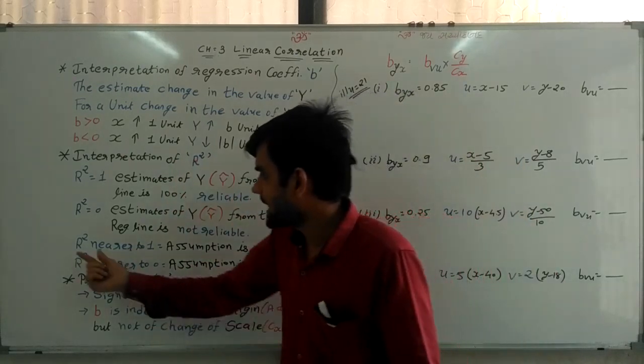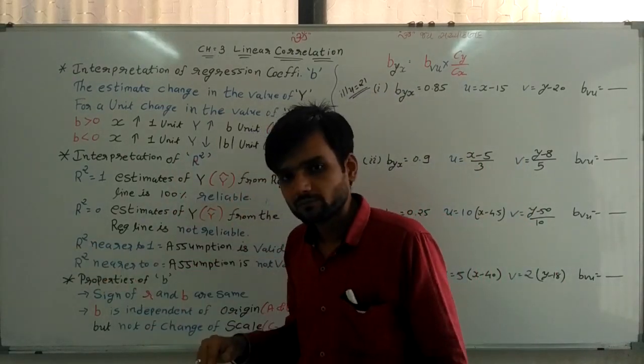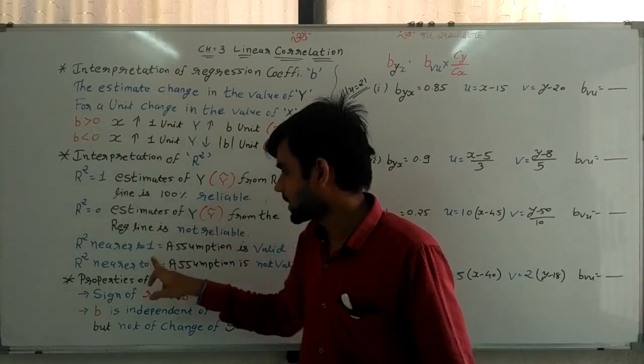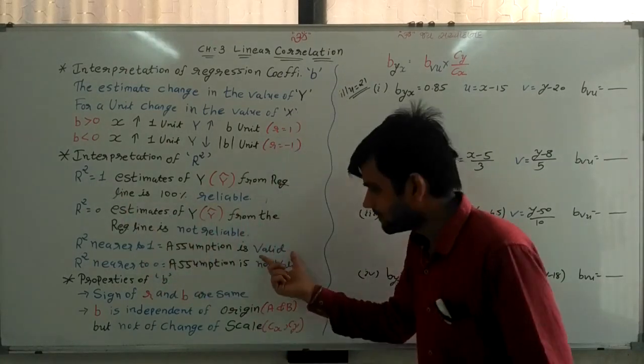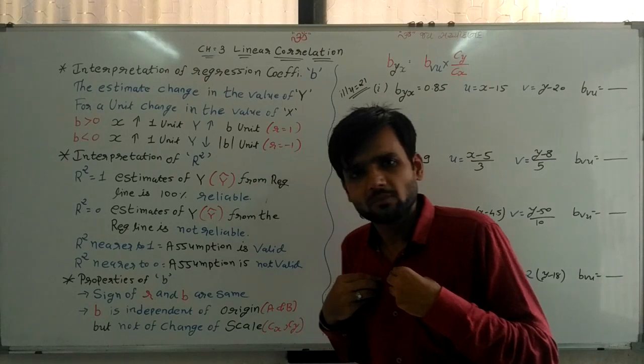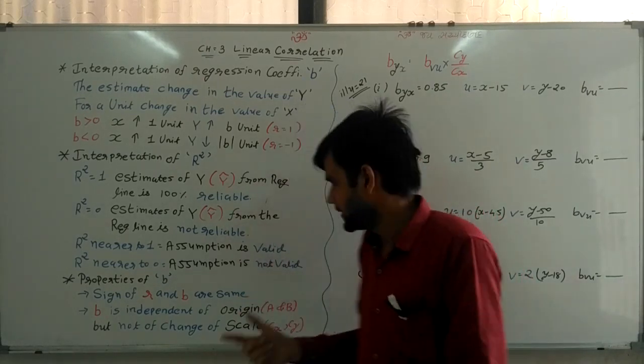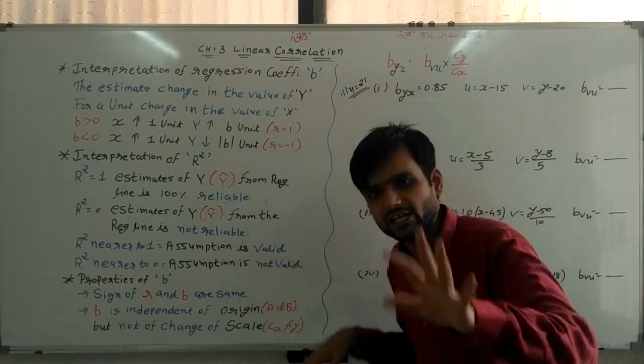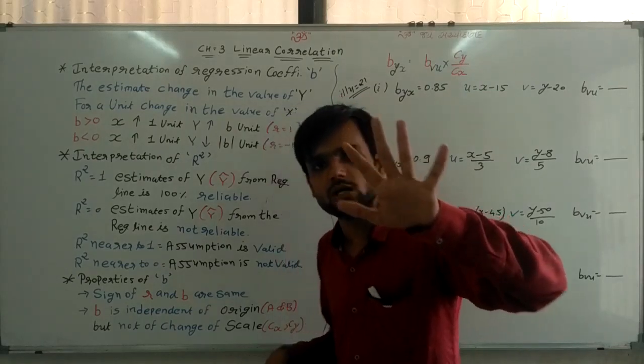Going ahead, if R square is nearer to 1, not 1 but nearer to 1, then it is valid. We can believe upon it. The assumption is valid for that particular value.